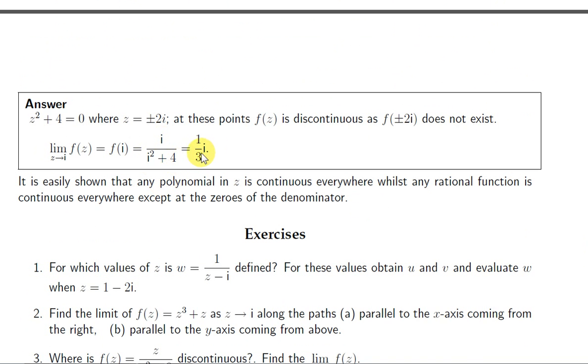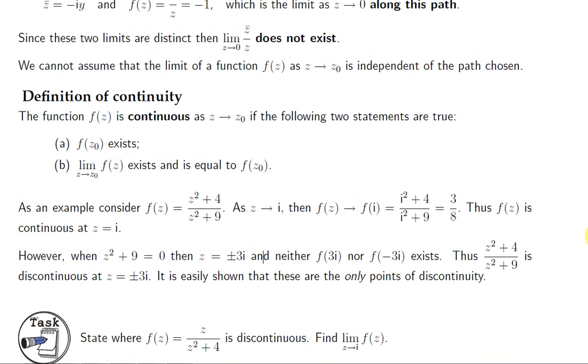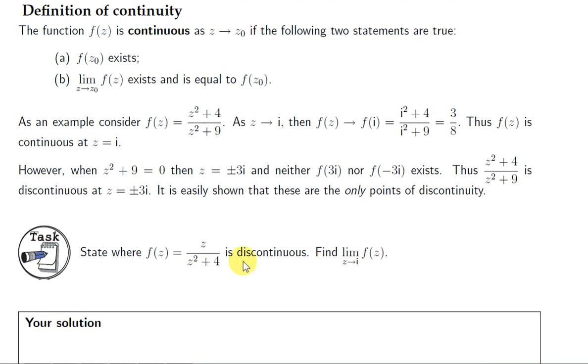So that's 1/3 i. So in general, any polynomial in z is continuous everywhere, whilst any rational function is continuous everywhere, except at the zeros of the denominator. So we've just dealt with rational functions. These two are rational functions. These are continuous everywhere, except at the zeros of the denominator, where z squared plus 9 is 0, or in this case here, where z squared plus 4 is 0.